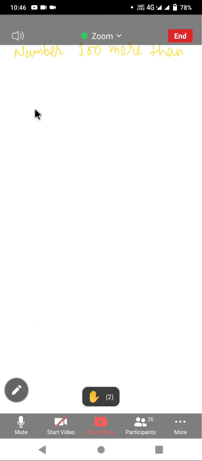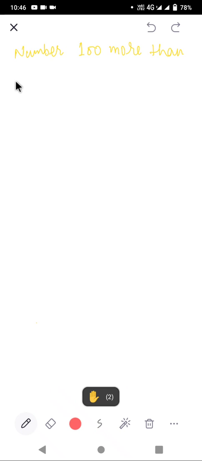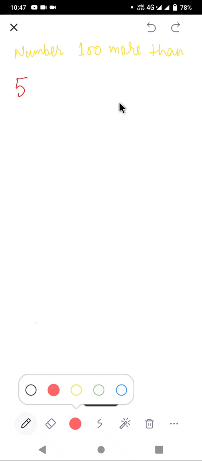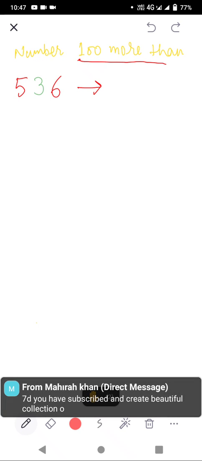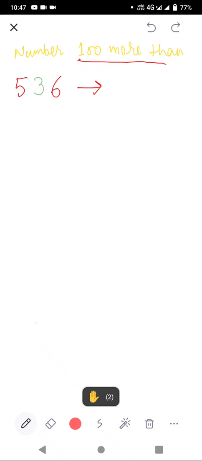So let's take a number 536. Here we have to find a number which is 100 more than. 100 more than 536 is what number? So what we do, we just add 100 in this 536.